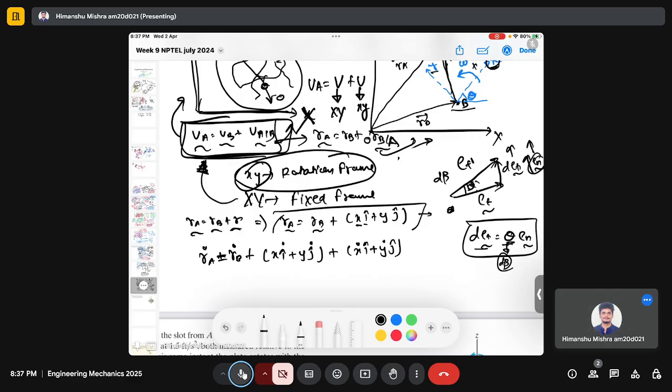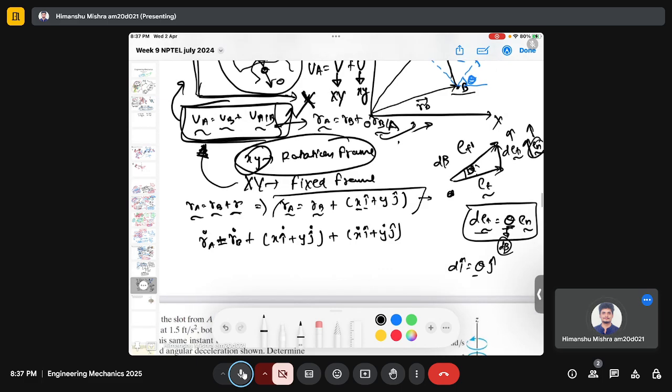Similarly, the change in the i component will be in the direction of j, with magnitude d theta. The change of the j direction will be defined by minus d theta in the i direction, like that. So when you take the time derivative, you will get i cap dot equals theta dot j cap, and j cap dot equals minus theta dot i cap.